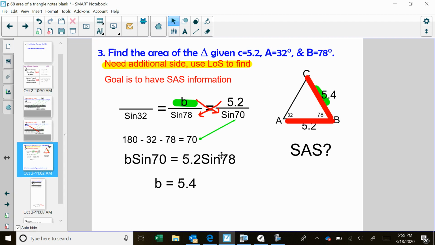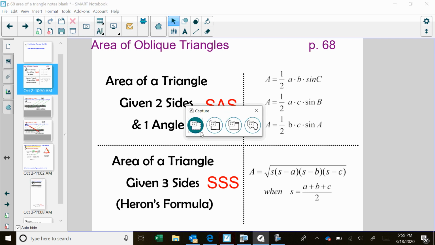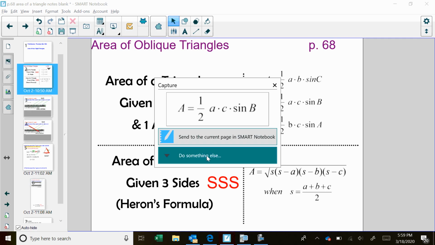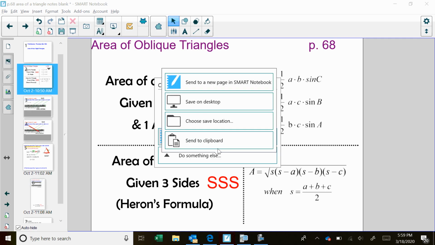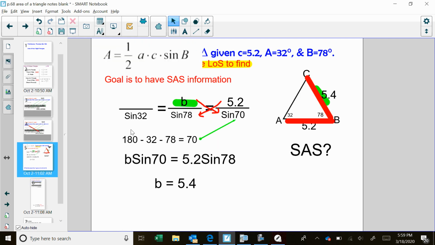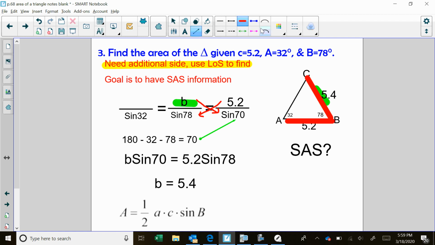Well, let's look. We have angle B. So we need the formula that has the B in it. So let me grab that, send it to my clipboard, come back down here. Paste it. There's the formula now. This is where we are.